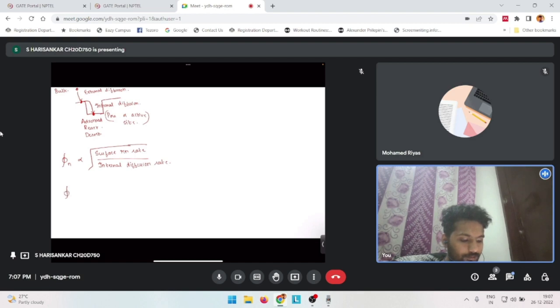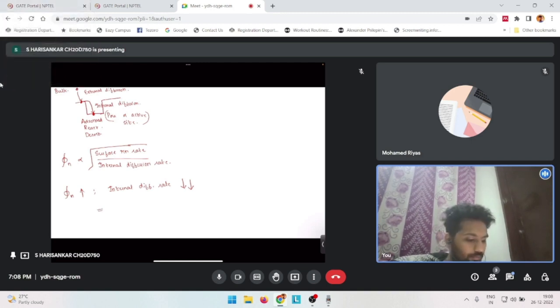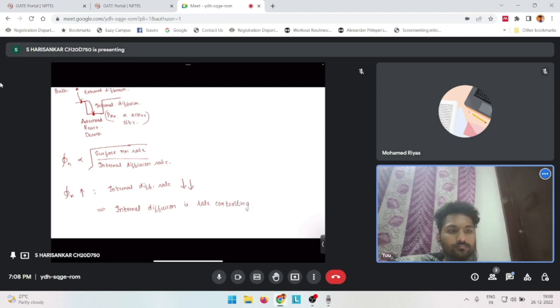So if Thiele modulus is very large, that means your internal diffusion rate is very low. Or in other words, this system is basically controlled by internal diffusion rate, or internal diffusion is rate controlling. Right.